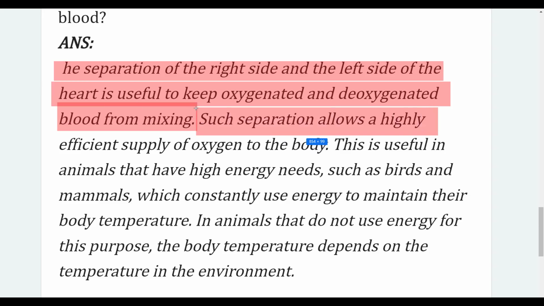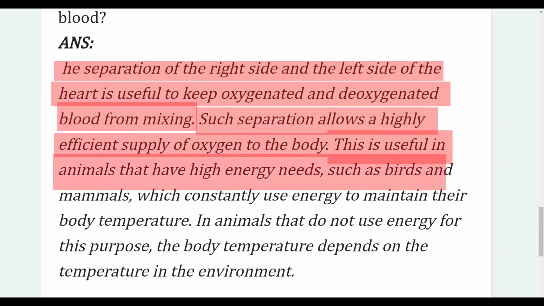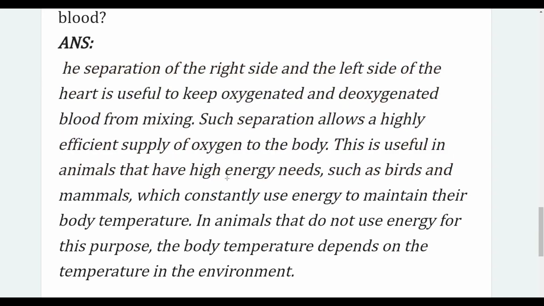Such separation allows a highly efficient supply of oxygen. That means all cells receive blood which has a good concentration of oxygen. This is useful because animals like human beings, who are mammals, need a large amount of energy, since they need to maintain their body temperature.